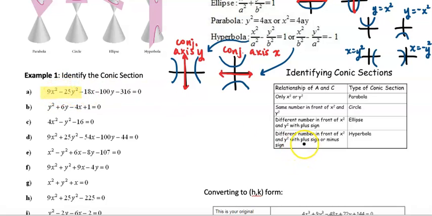And do I have a different number in front of x squared and y squared with a plus or minus sign? Yes. And this wording might be a little confusing with a plus sign or a minus sign. This really means one of each of those signs. All right, so yes, so we know that this is a hyperbola.